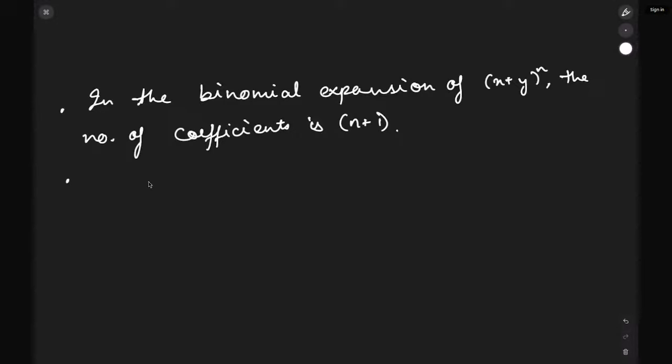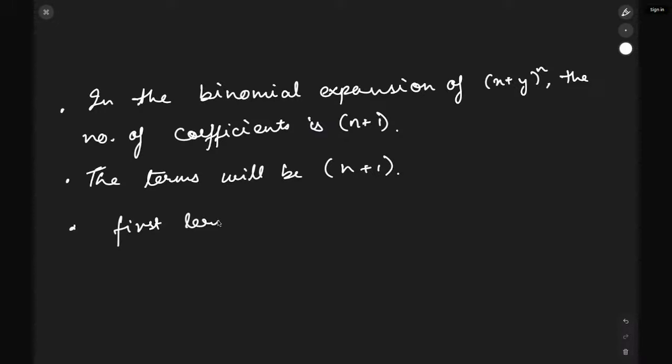Similarly, the terms will be n + 1. The first term will be x raised to the power of n, and the last term will be y raised to the power of n.